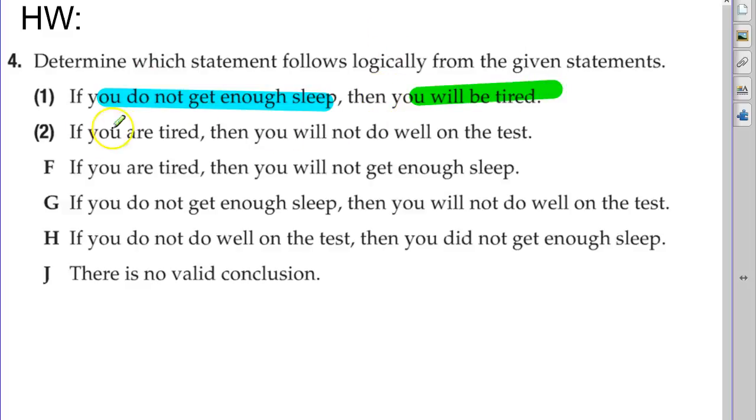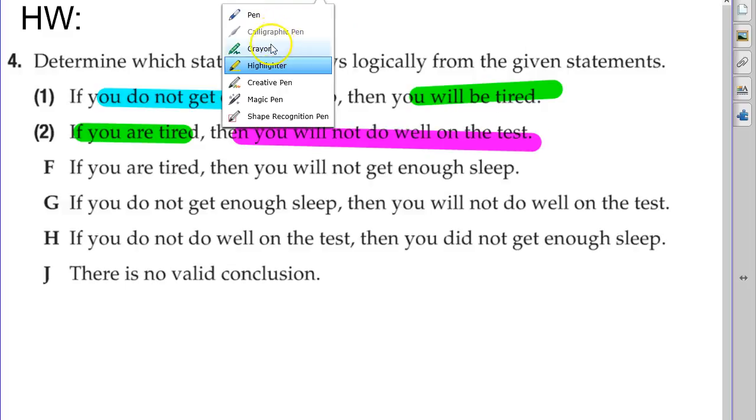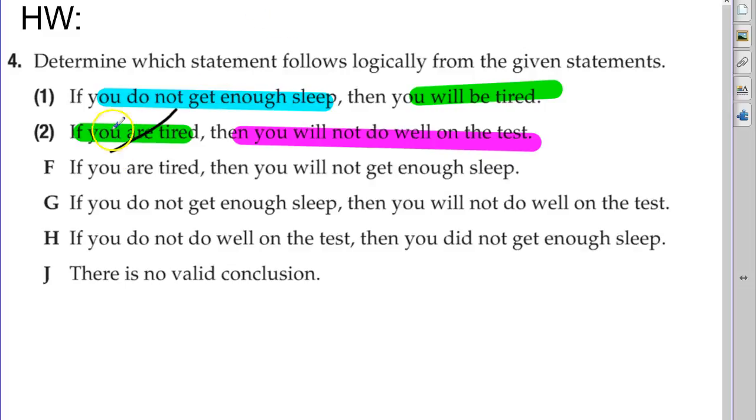Green: if you are tired, Q happened again, then you will not do well on the test. So what we're going to be able to do is just essentially go, hey, guess what? Q is not necessary. We can jump right to, if you do not get enough sleep, you will not do well on the test. And there we go. If you do not get enough sleep, you will not do well on the test. That's P implies R.